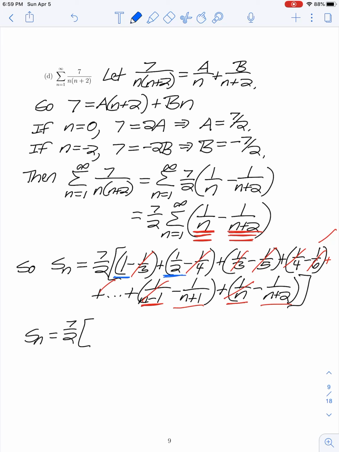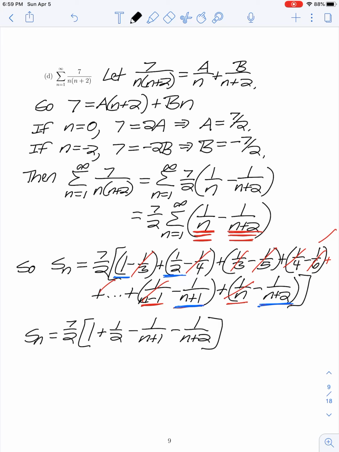We have a 1 plus 1/2 minus 1 over n plus 1 minus 1 over n plus 2. So here we're left with 1 plus 1/2 minus 1 over n plus 1 minus 1 over n plus 2.